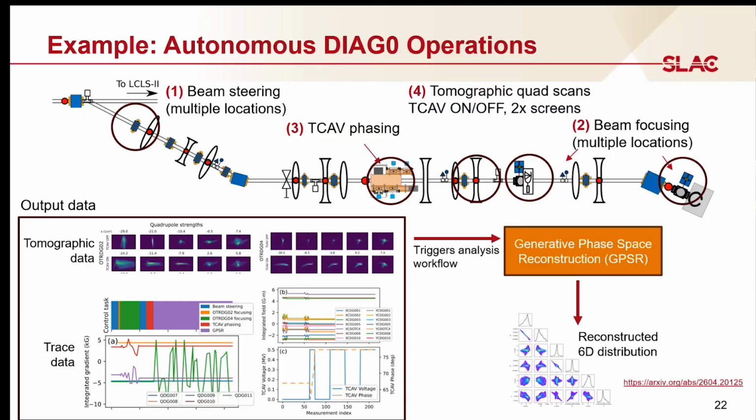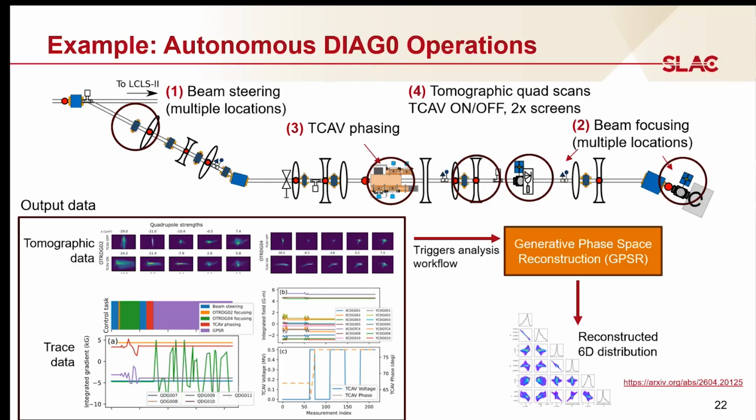And so in this case, we have to solve, again, a series of sequential optimization and control problems, including beam steering and focusing of the beam distributions, as well as phase-space tomography. And once we gather this data, this whole process takes about 5 minutes.